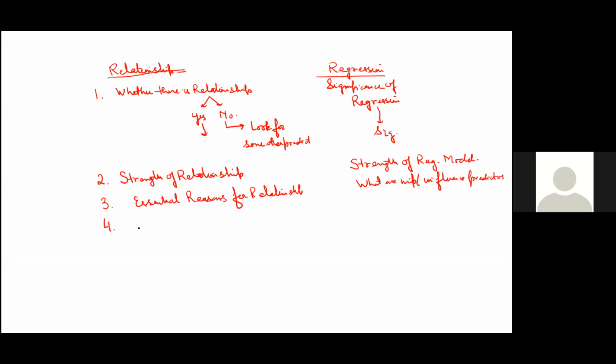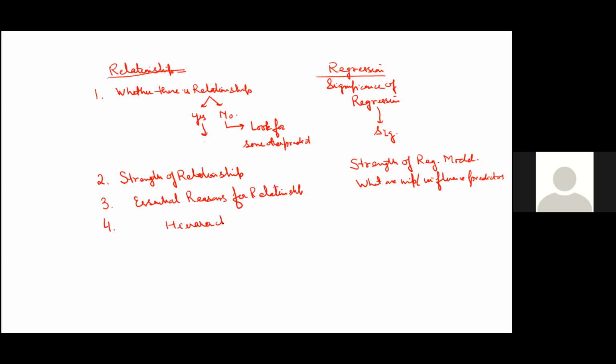Now, the fourth step. Suppose the relationship is because of more than one reason. Number one is compatibility. Number two, they work together. Number three, they travel together. Then obviously you may be interested in what is the most important reason among these three. Means you create a hierarchy of these reasons.